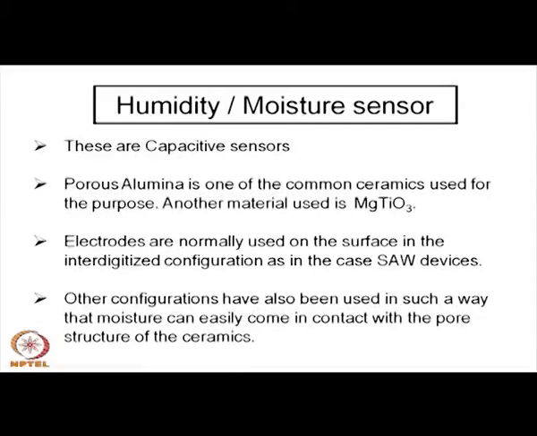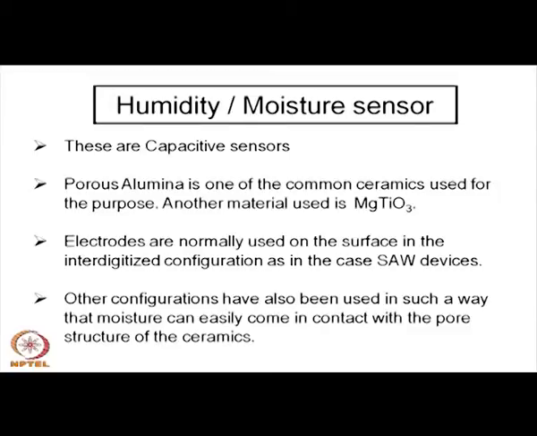We have discussed two varieties of sensor. One utilizes the variation of conductivity as a function of gas concentration, that is the semiconducting oxides. The other we have seen is the oxygen ion conductivity or electrolyte. So, we measure the EMF, and the EMF becomes proportional to the partial pressure of oxygen.